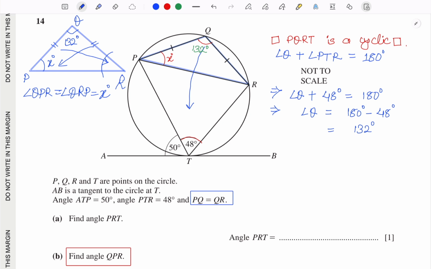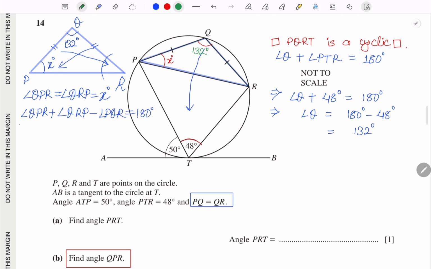Now in this triangle, we know that the sum of three angles in a triangle is always equal to 180 degrees. So I can write angle QPR plus angle QRP plus angle PQR is equal to 180 degrees. Angle QPR is x degrees, angle QRP is again x degrees, and angle PQR is 132 degrees.